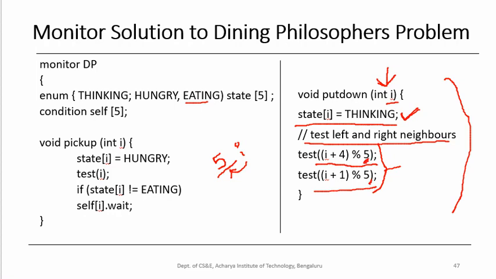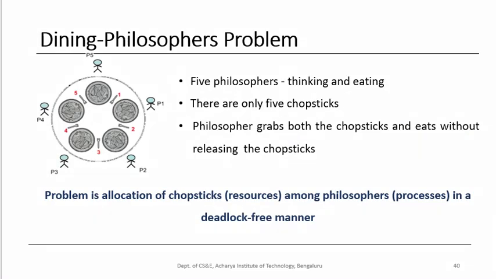If we go back and see that diagram, if philosopher P5 is putting down chopsticks, the chopsticks 5 and 1 could have been useful to philosopher 4 and philosopher 1. So he is trying to tell P4 and P1 that he is putting down the chopsticks.